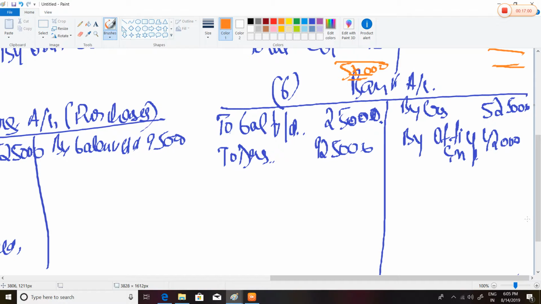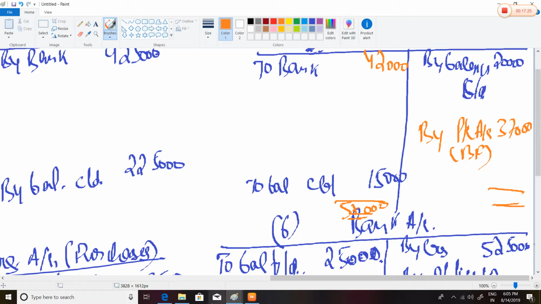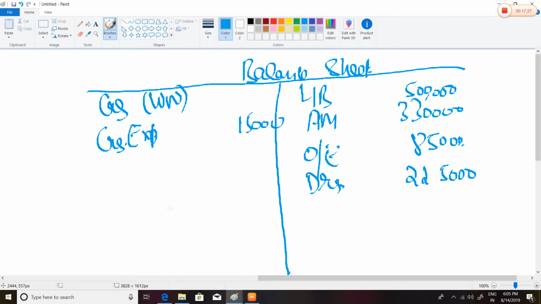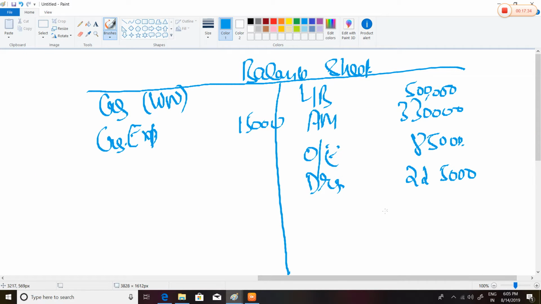See, salary paid 32,000, by salary 32,000. So that amount should be transferred to the profit and loss account. Salary.